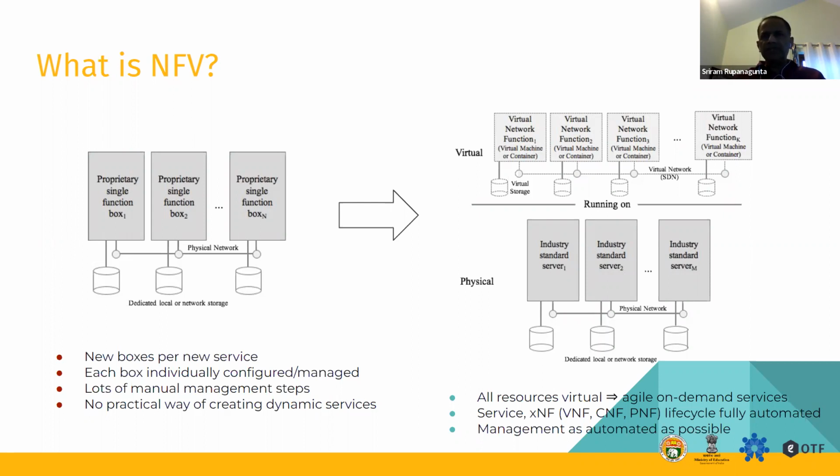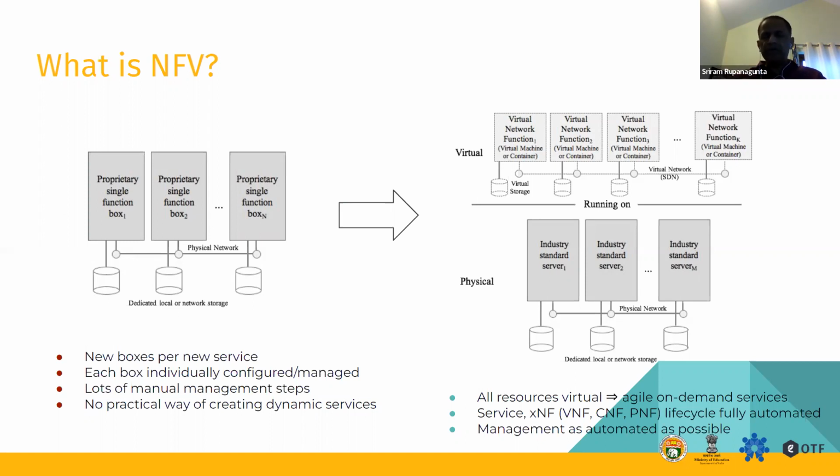And in terms of terminology, just to make sure we are all on the same page, we refer to XNFs in the presentation. So what we mean by that is VNFs, CNFs, and PNFs. So the VNFs are virtualized network functions. So these are typically virtual machines. So you build them as a VM and run them on the hardware. CNFs are cloud native or containerized.